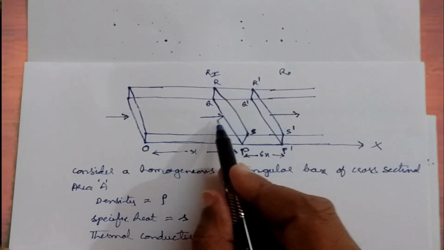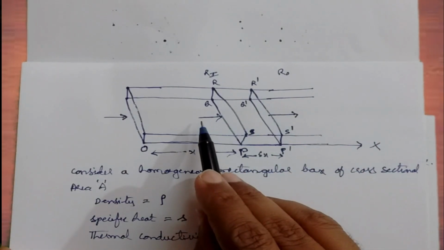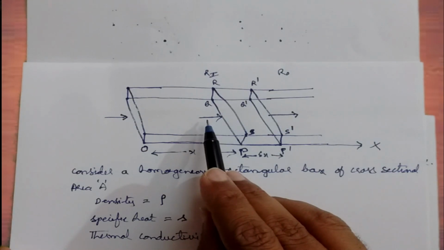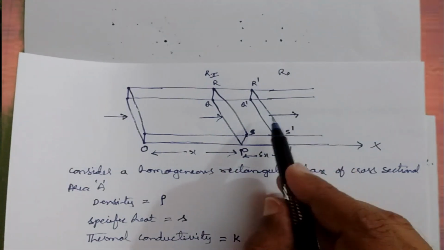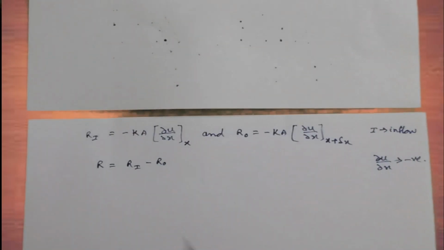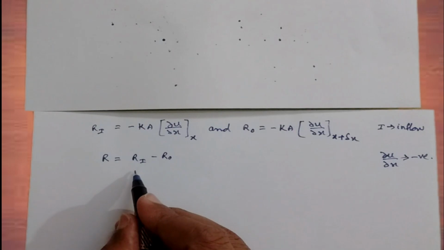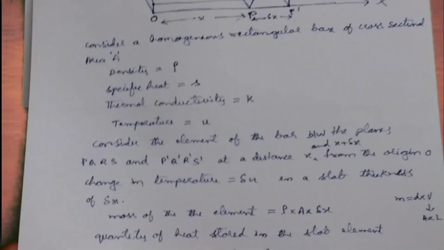We are taking Ri at this point and Ro at this point. Because the heat entering is more, we take that first, and the rate of outflow Ro is less. So a greater value minus the smaller value will give you a positive value. So we know the value of R.